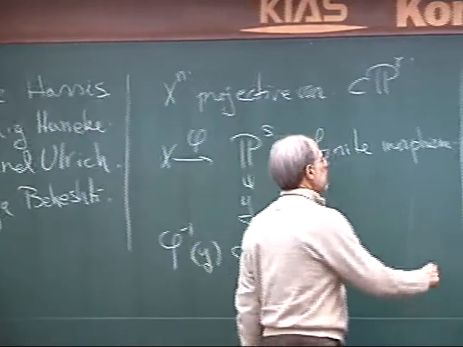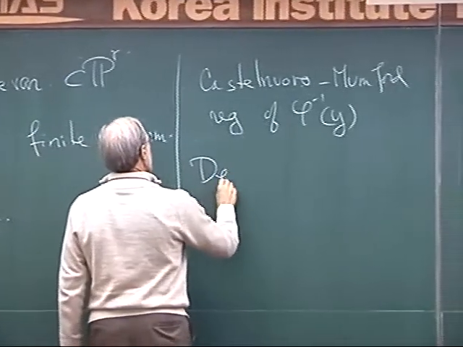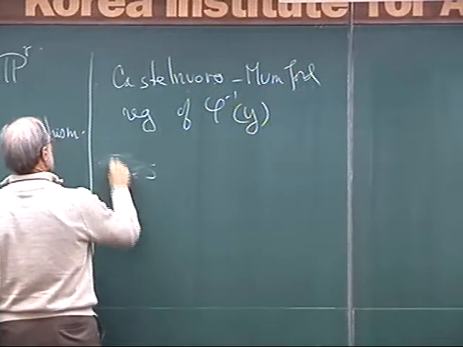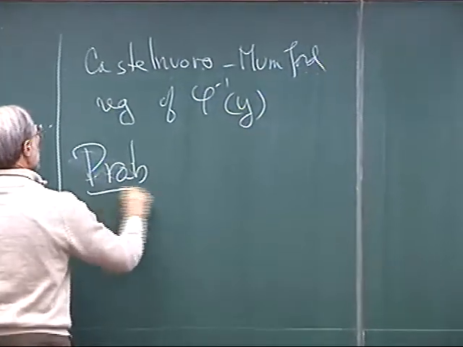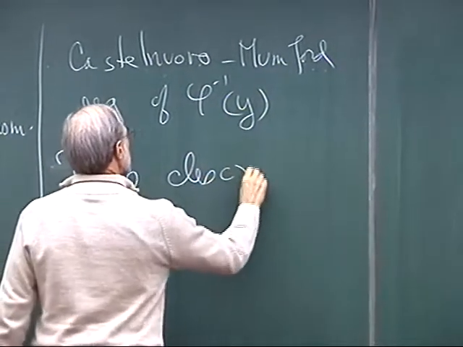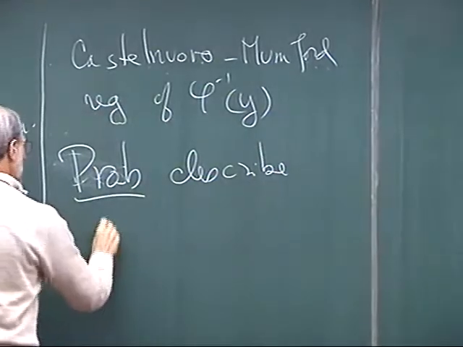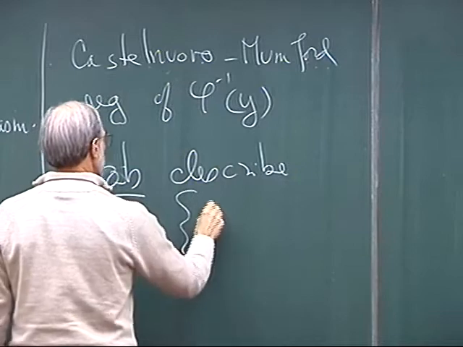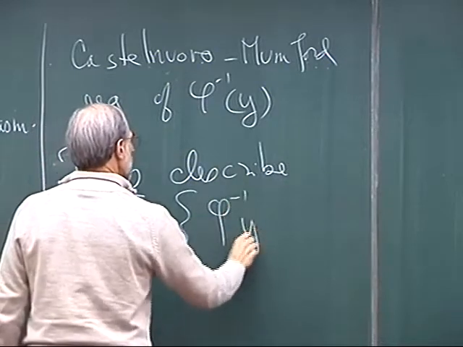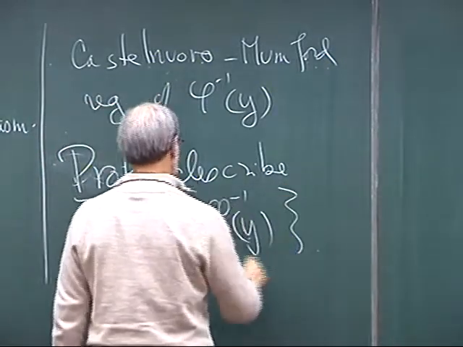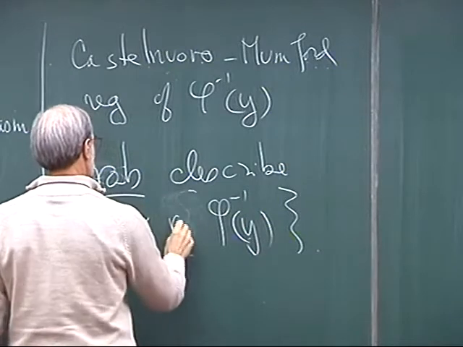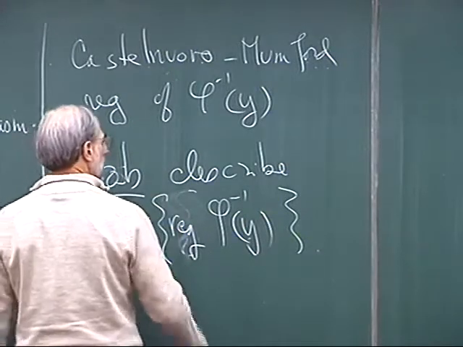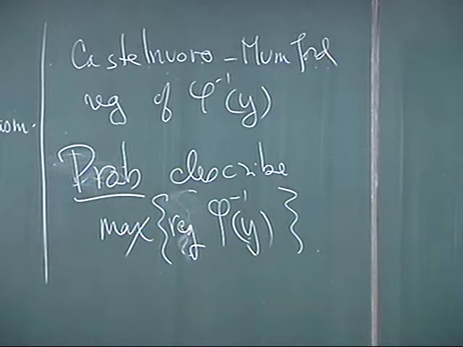So the problem is this. Describe the max of these numbers, sorry, the regularity of phi inverse of y.